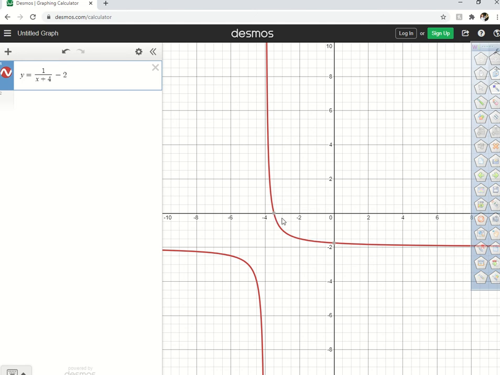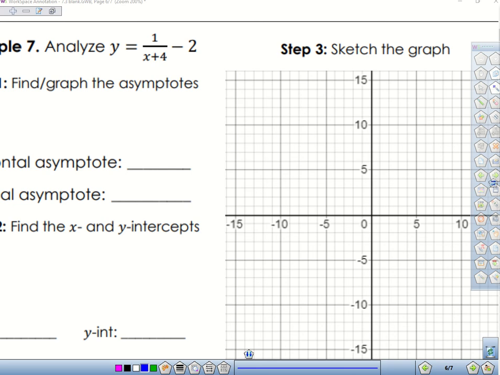All right. So as you can see, we have 2 points right here that are intercepts. So I'm going to graph these on my graph, and then you guys can copy them down. Hang on. All right.